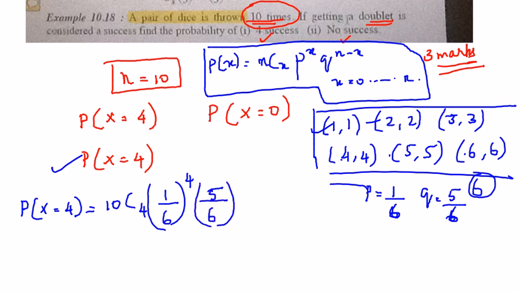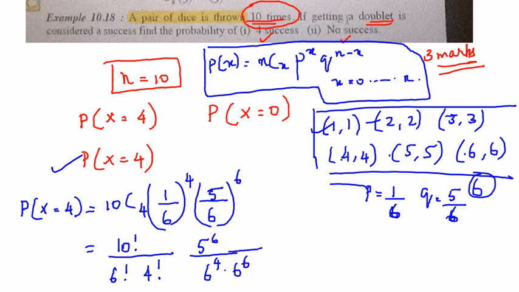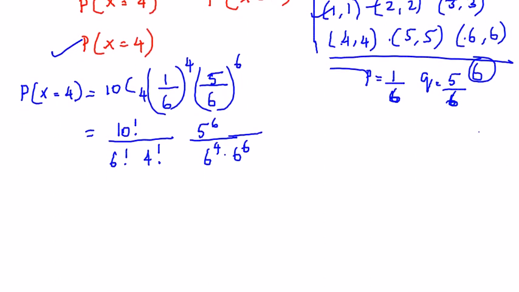So it is going to be 10 minus 4, which is 6. 10C4 is nothing but 10 factorial divided by (10 minus 4) factorial, which is 6 factorial, into 4 factorial. And it will be 5^6 divided by 6^4 into 6^6. Just leave it as it is over here. Now let's expand this part.